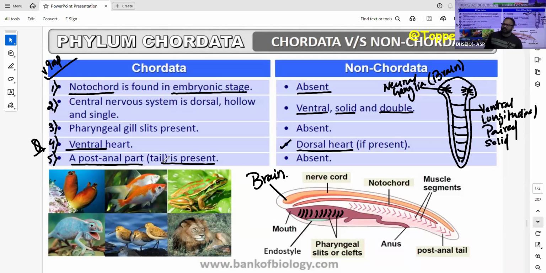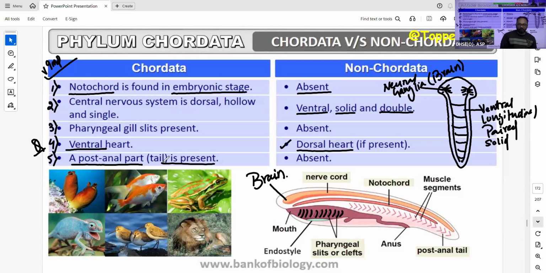Now, sometimes we ask, are we chordates? Yes, we are chordates. Then do we have a post-anal tail? Answer is yes, although the post-anal tail in human beings is vestigial, non-functional. Why?